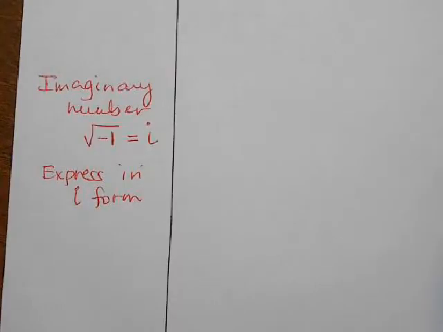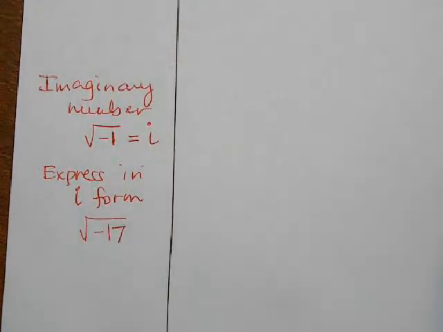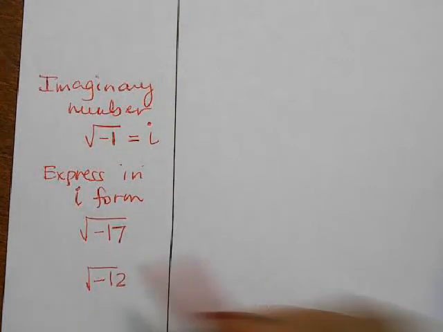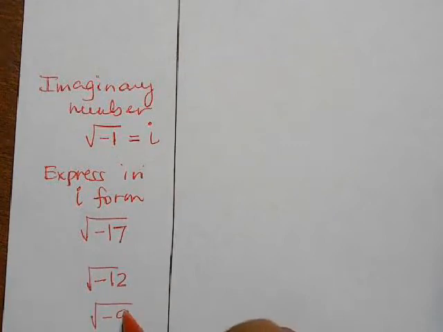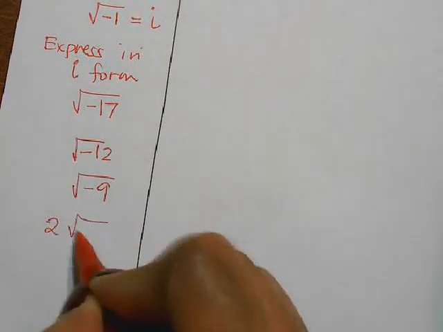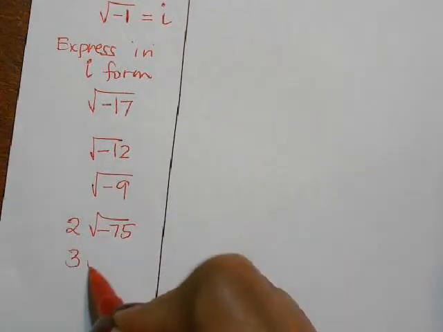Number 1, let's say you have the square root of negative 17. Let's try that. Then let's try the square root of negative 12, the square root of negative 9, 2 times the square root of negative 75, and let's try 3 times the square root of negative 8.